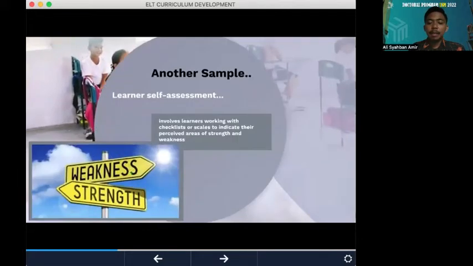Another sample of diagnostic assessment is learner self-assessment. Self-assessment usually involves learners working with a checklist or scales to indicate their perceived areas of strength and weakness.